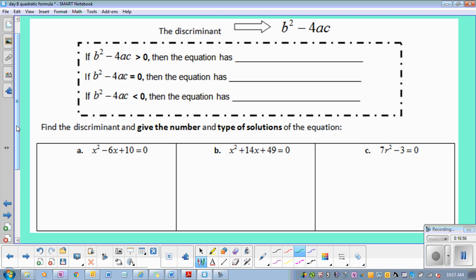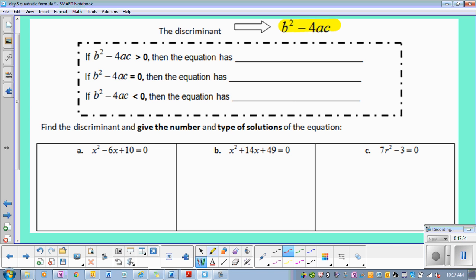So, you know this right here, b squared minus 4ac, the stuff that's inside the square root? That has a special name and it also has a special job. That is called the discriminant. When you plug in your b and your a and your c and you calculate it, if that number is greater than 0, what kind of numbers are greater than 0? 1, 2, 3.